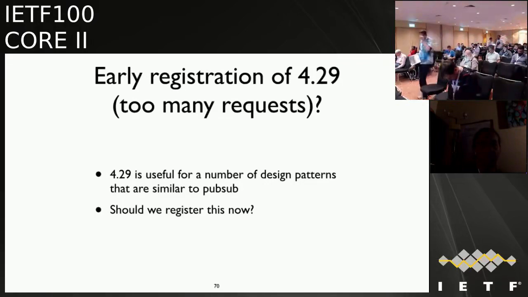Question, can you remind me what's the allocation policy for the registry? It is IETF review or IESG approval. And so the IESG approval path is saying, Alexey, on behalf of the IESG, sends email to IANA that it is okay to have this one appear in the registry prior to there being an RFC, right?